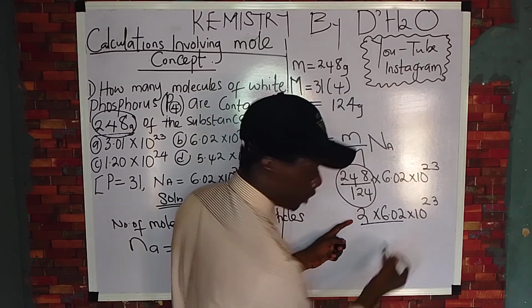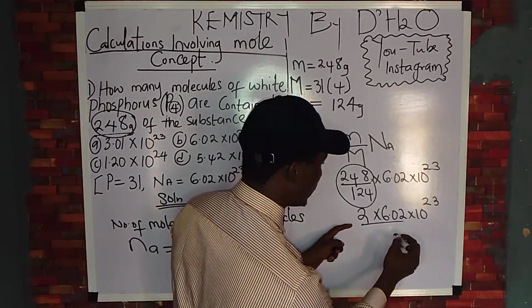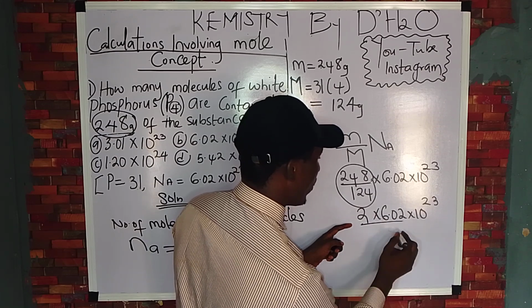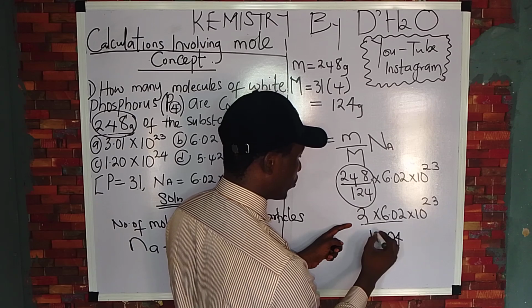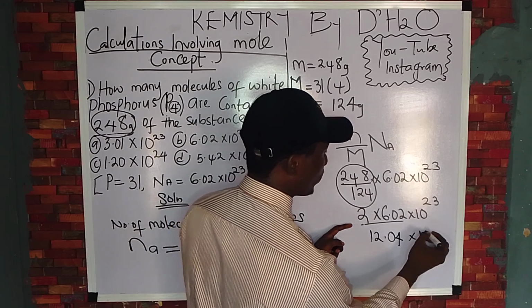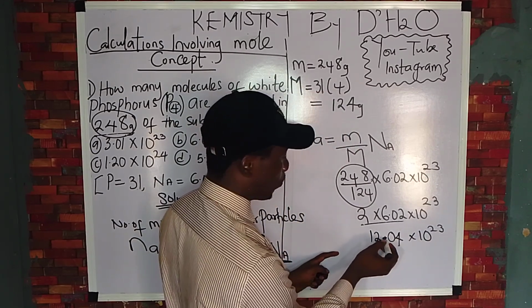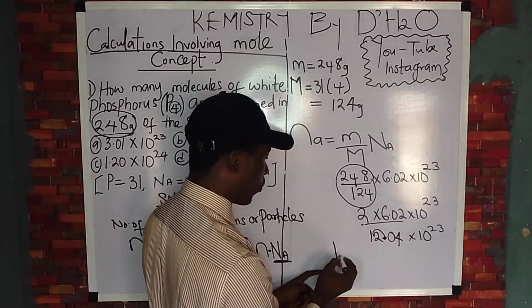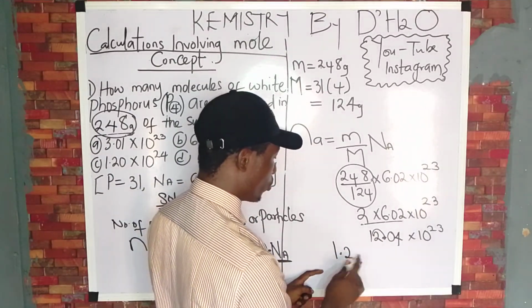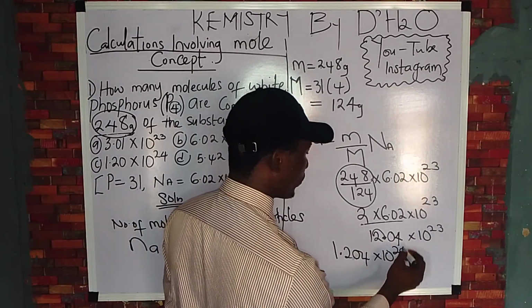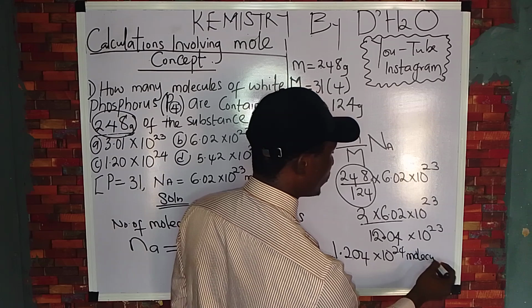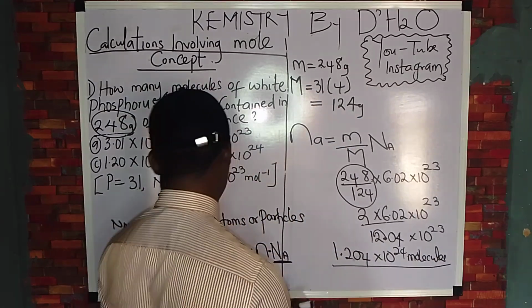If you multiply this, you get 2 times 1, 2; 2 times 2, you have 4; 2 times 0, you have 0; 2 times 6 will give us 12, so 12.04 times 10 raised to the power of 23. So you can move your point and have 1.204 times 10 raised to the power of 24 molecules. That's the answer to the question.